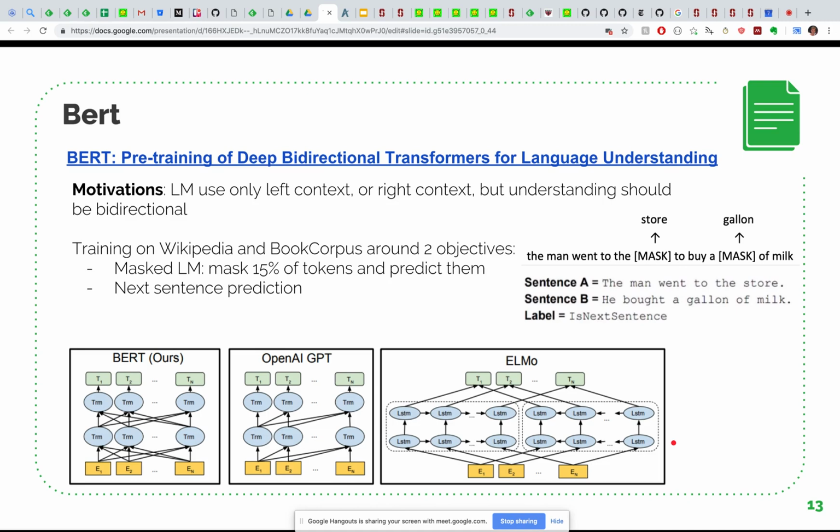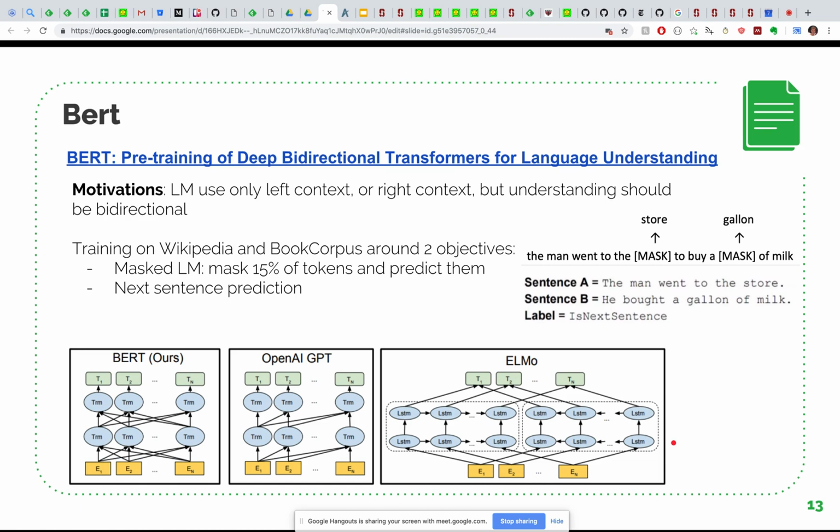So the innovation given by this paper is that they don't use language modeling in the exact same setup as before. Before, it was predicting the next word based on previous words. But here they argue that they actually don't need this order.